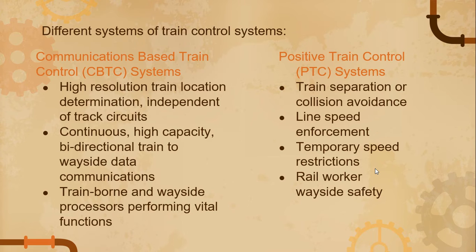So there are different types of train control systems. So first is the communications based train control systems or the CBTC systems.